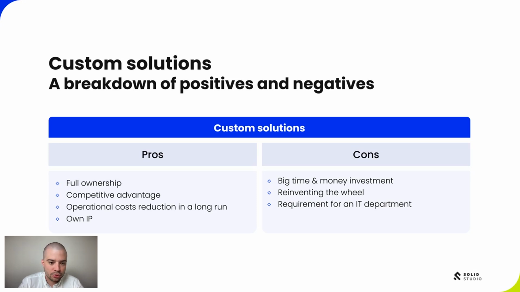Also, when it comes to taking a look on the operational cost side of things, in the long run, it should lead to huge OPEX reduction. What is also important, even though the capital expense is there, you are investing into your own company, so you can increase the valuation of the company thanks to building your own IP.